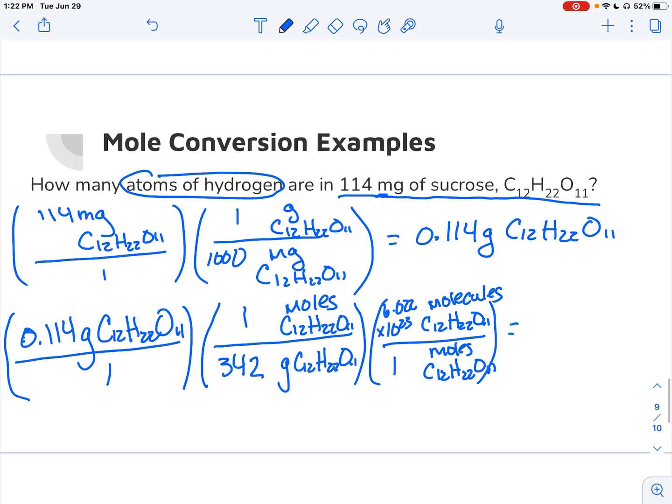So when you do that out, you get this. But believe it or not, we're still not done because that's not what the question asked for. It did not ask for molecules of C12H22O11. It asked for atoms of hydrogen.